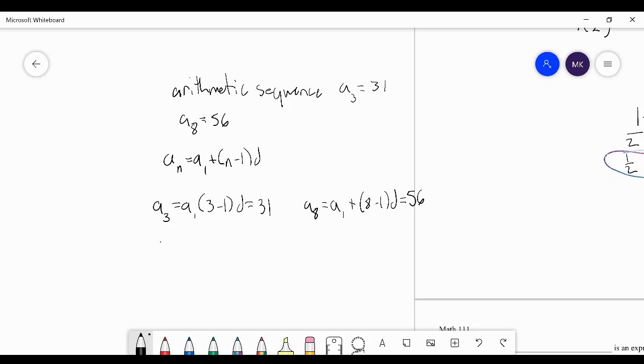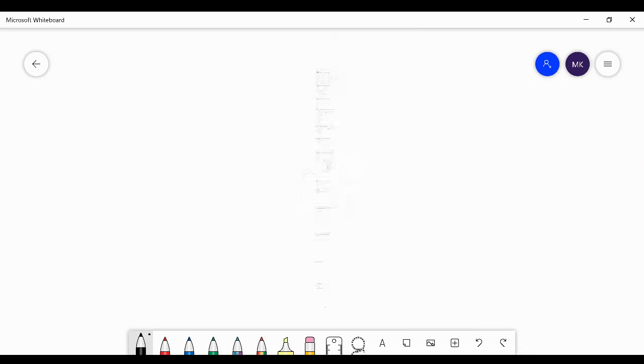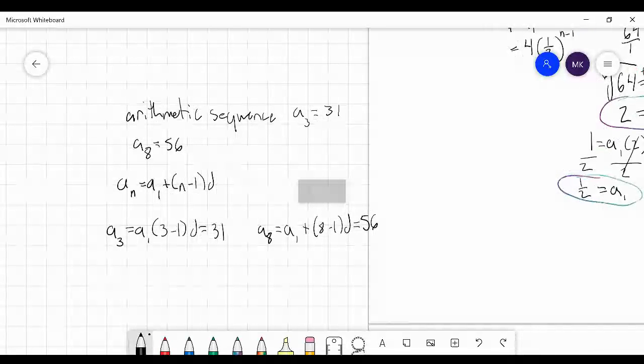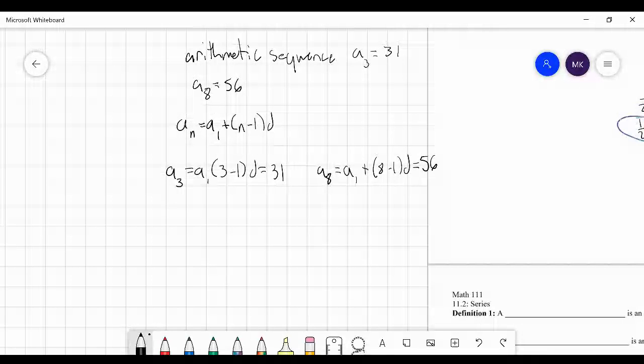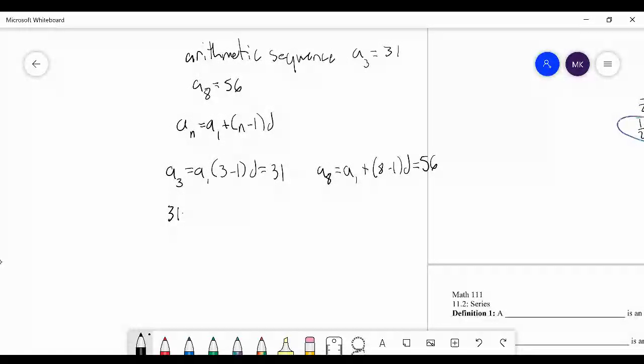If we clean those up a little bit, we get 31 equals a1 plus 2d. And over here, we get 56 equals a1 plus 7d.